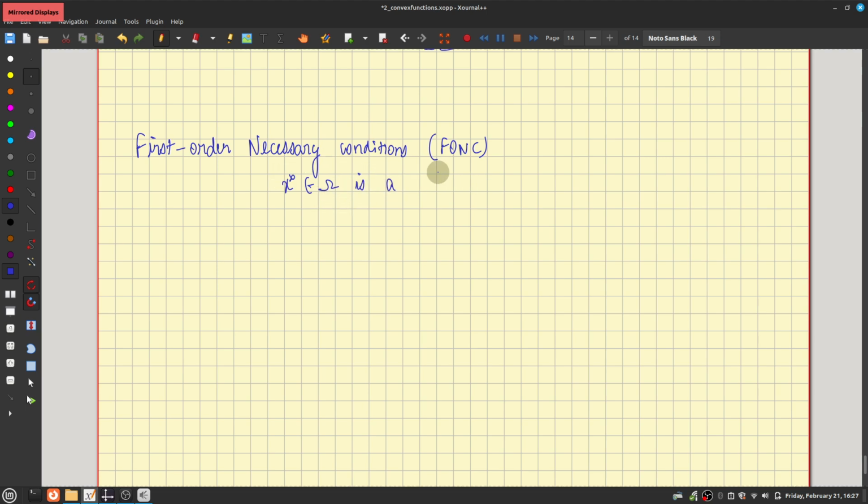So x star in omega is a local minimum of the function f within omega only if the following happens.